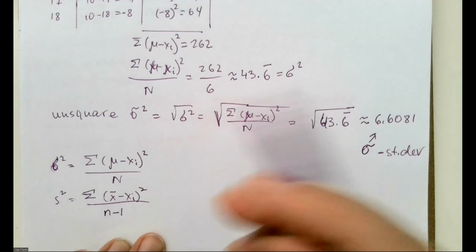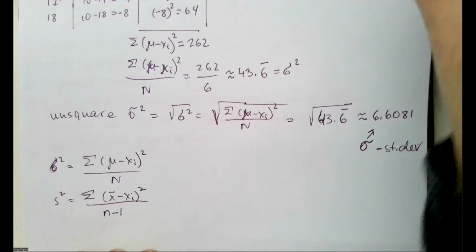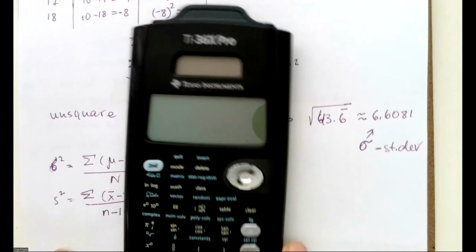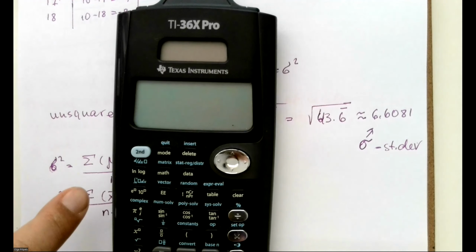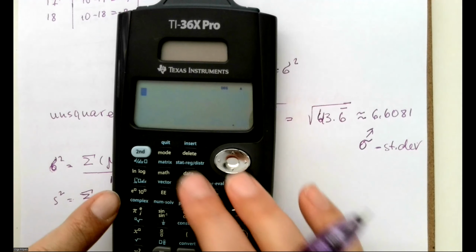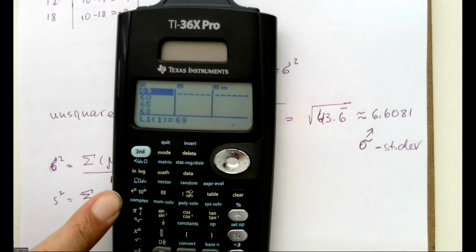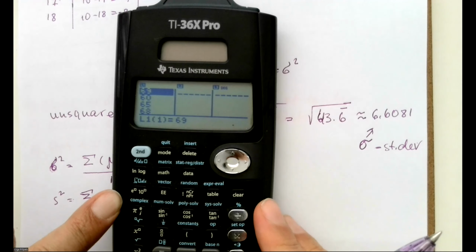Okay, and therefore, that is why in your calculator, you're going to have 2 different values. So remember earlier, we had our student heights in list 1.